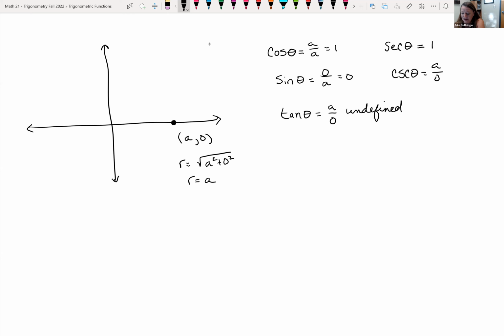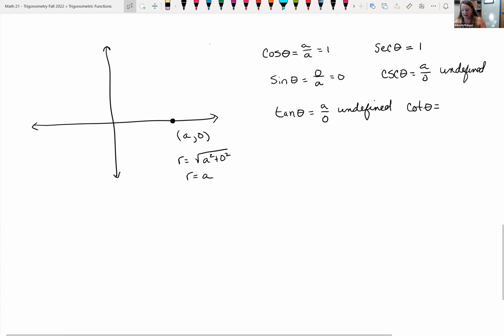So cosecant theta on the positive x-axis is undefined. If we look at cotangent theta, flipping a over 0, we get 0 over a. That one's okay, because we're saying that a is not 0. And then this one is equal to 0.